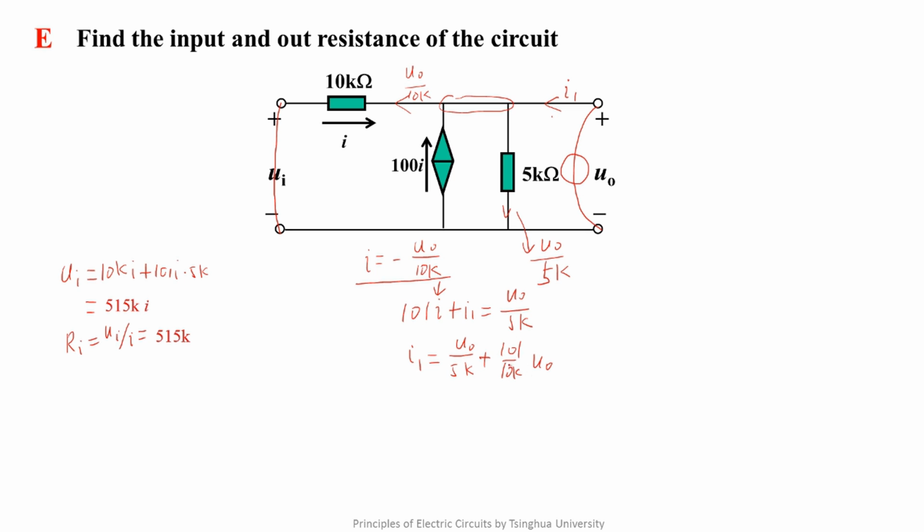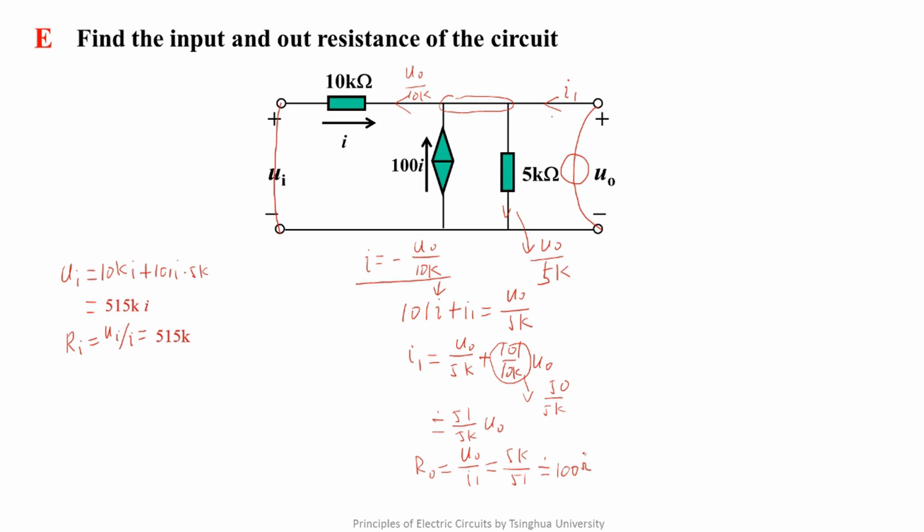This part approximates to 50 over 5K. Then I1 approximates to 51 UO over 5K. So RO is equal to UO over I1, which is equal to 5K over 51, approximating to 100 ohms.